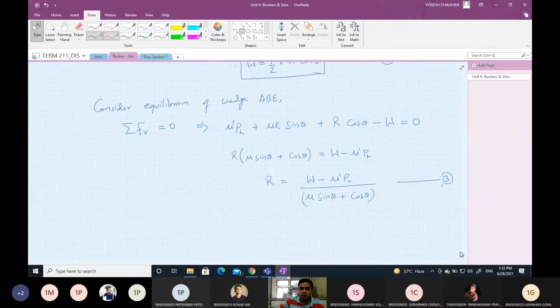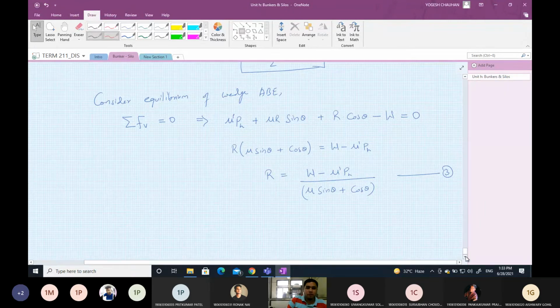Now similarly, let us take the summation of horizontal forces equal to 0.